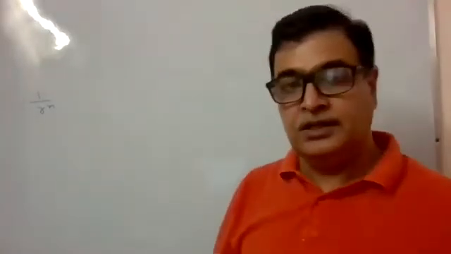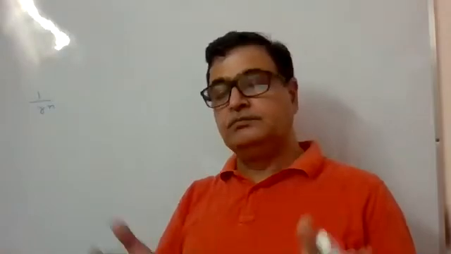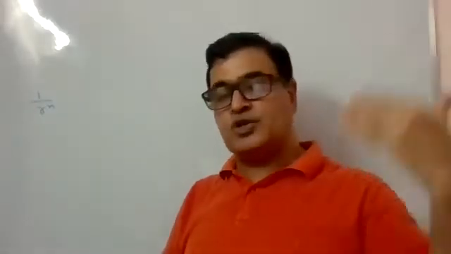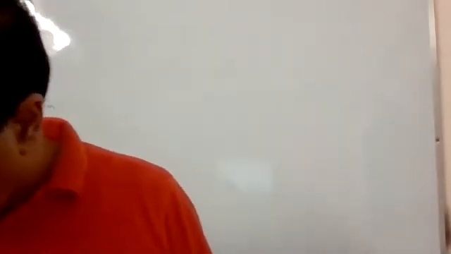The question says there is a GP whose sum of n terms, in ratio to the sum from the n plus 1th to the 2nth term, should come as 1 by r power n. We have to prove this. Please try.